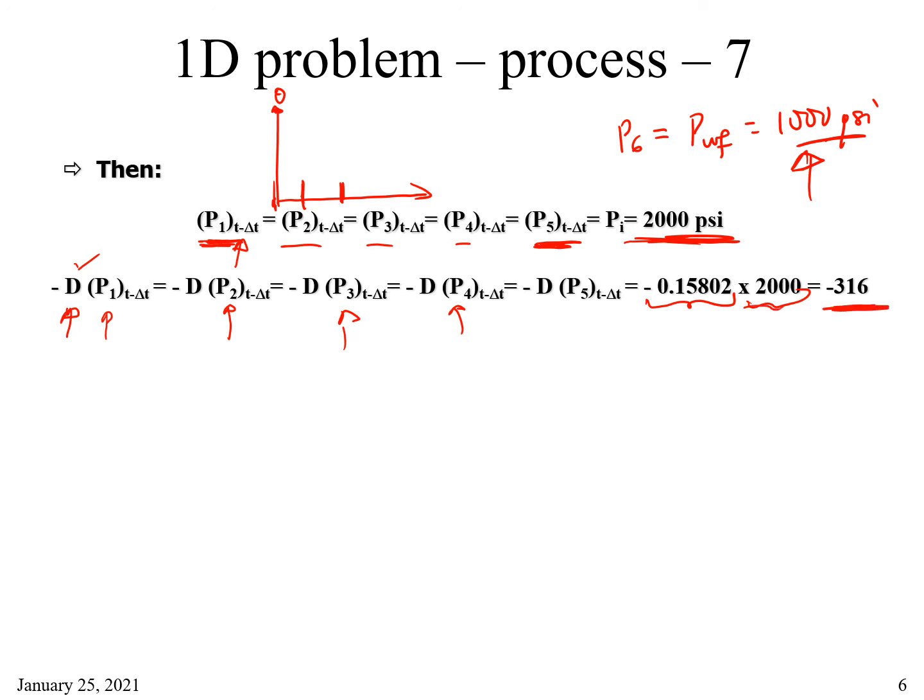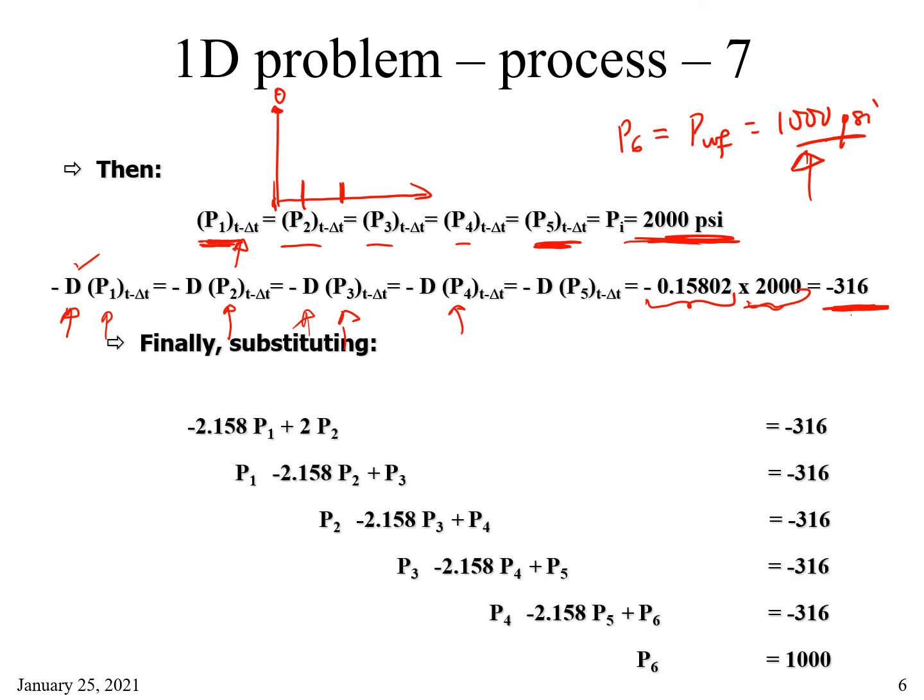It's 316. So D will never change. And you're going to see this term show up in the linear system of equations. So that's what it is right here. We are trying to solve it at time step delta t.